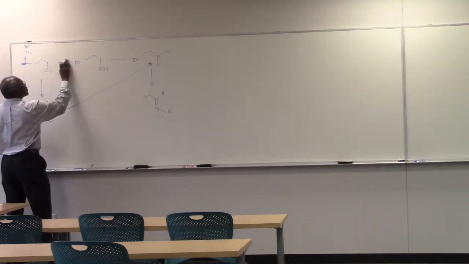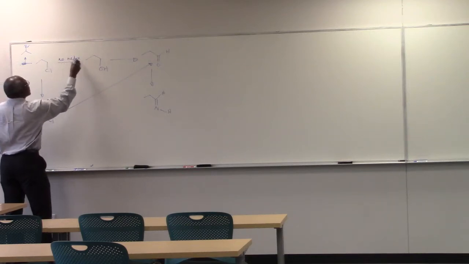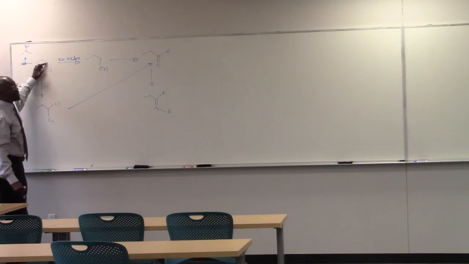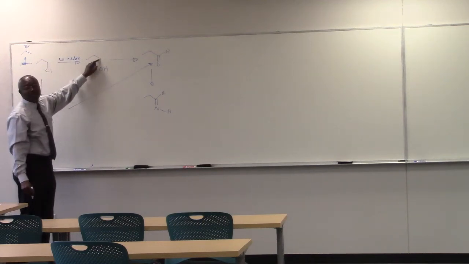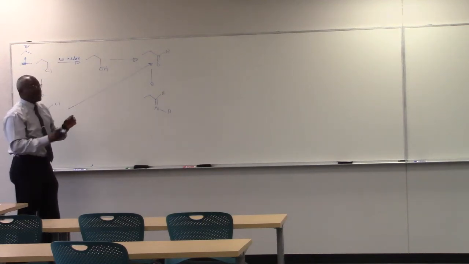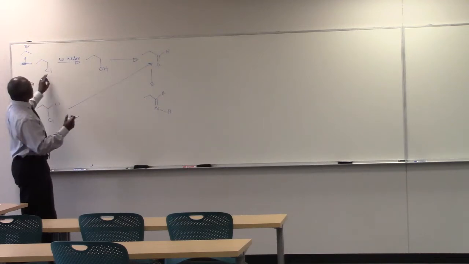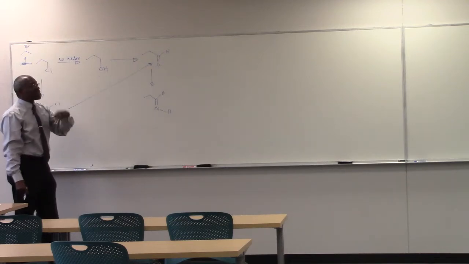So this does not involve redox. I'm going to say no redox. So I start off with a carbon at the alcohol level, I end up with a carbon at the alcohol level. So there's been no redox. There's been a change in the group, from Cl to OH, but the reaction does not involve redox.